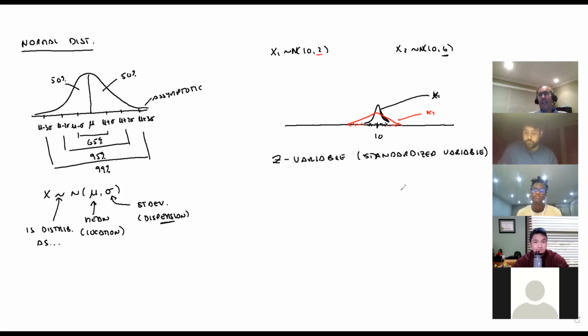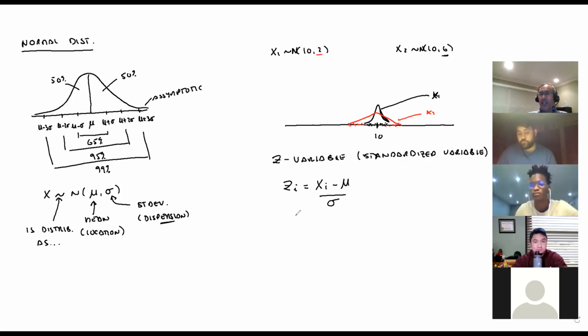Let's define, guys, a Z variable. Okay, the Z variable is what is called the standardized variable. Z_i is simply going to be x_i minus mu over sigma. Okay, so you have every observation, you subtract the mean, divide by the standard deviation.